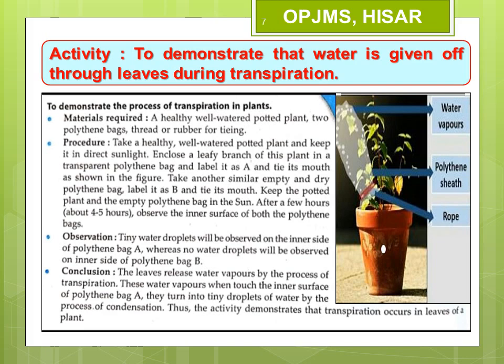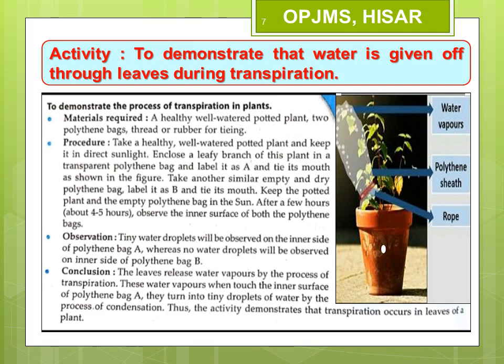For this activity, we take a healthy potted plant and keep it in direct sunlight. We enclose a leafy branch of this plant in a transparent polythene bag and tie its mouth as shown in the figure. Now we keep this plant in the sunlight for a few hours.